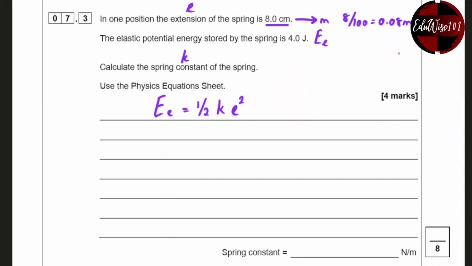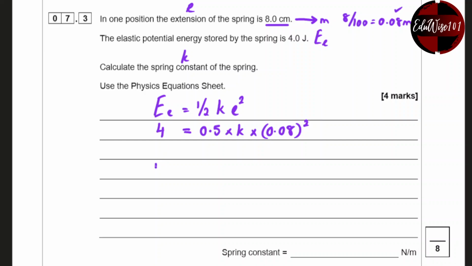That usually carries a mark for the conversion. So substituting the values, 4 joules equals half, which is 0.5, multiplied by k times 0.08 squared.